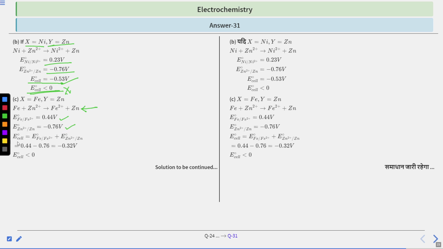So E naught of cell will be 0.44 minus 0.76. We have to subtract them, so it is minus 0.32. Here also E naught of cell comes out negative. It should be positive. Again, I am reminding, so this is also not the correct answer.